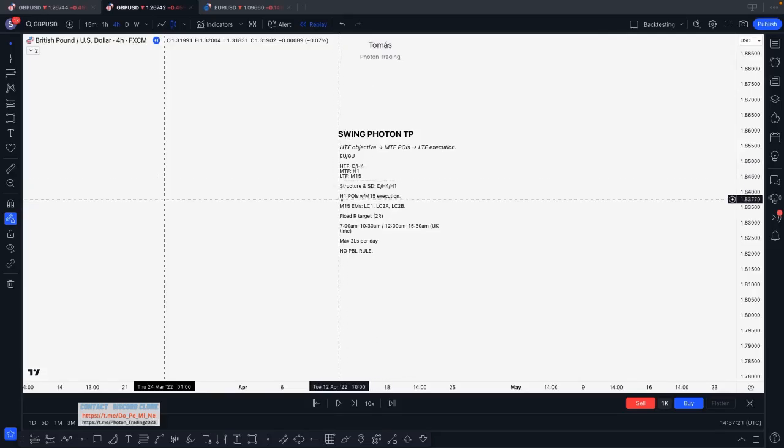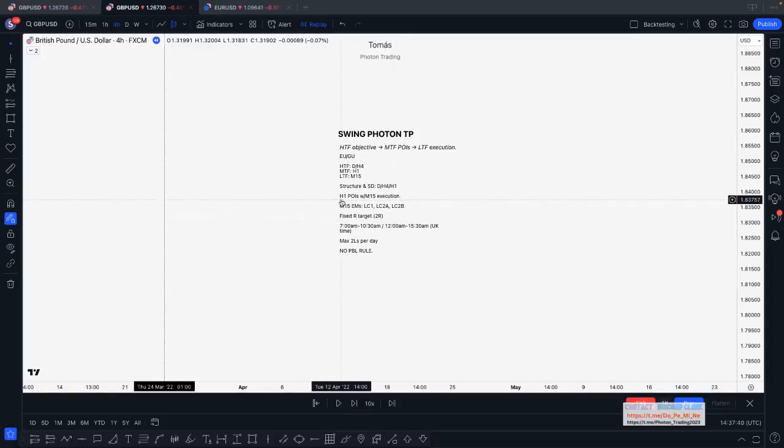Okay, again, H1 POIs 95% of the time, but I'm happy to use my experience to know, okay, H4 is super clean, let's just grab the H4 POI instead of the H1, but it's up to you, you can see which works. Okay, it's not a big deal.